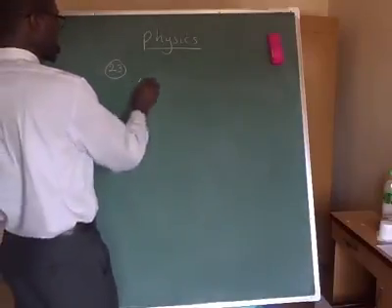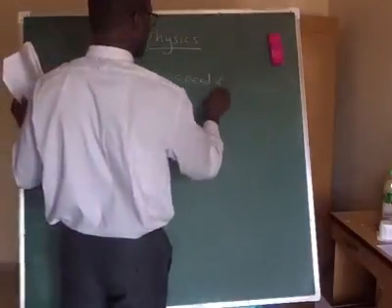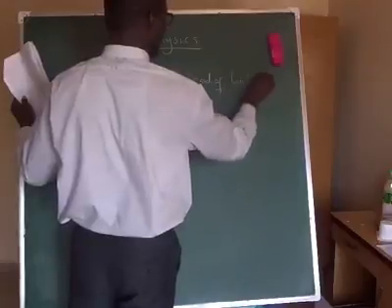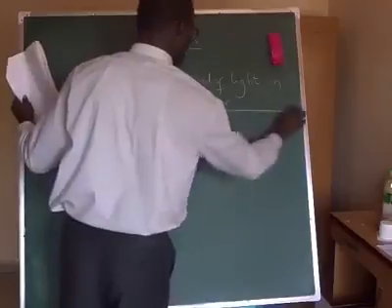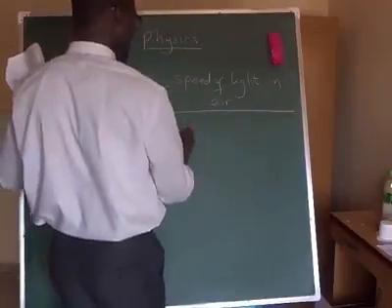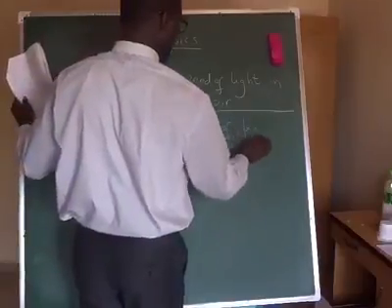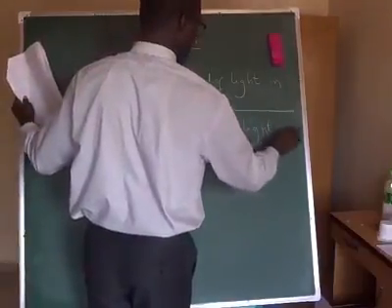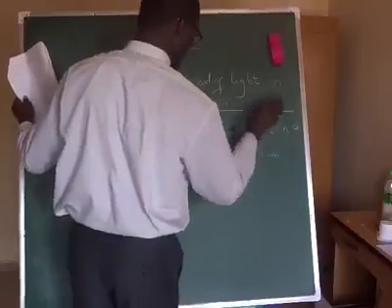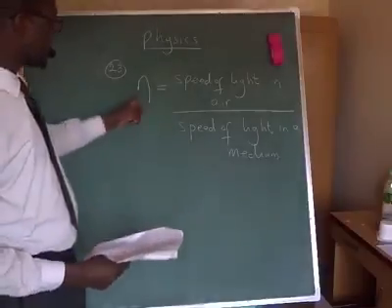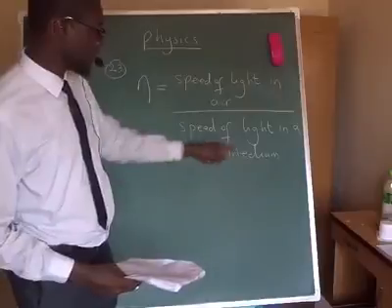So we know refractive index is given by this formula: speed of light in air over speed of light in a medium. So refractive index of a medium is given by speed of light in air over speed of light in that medium.